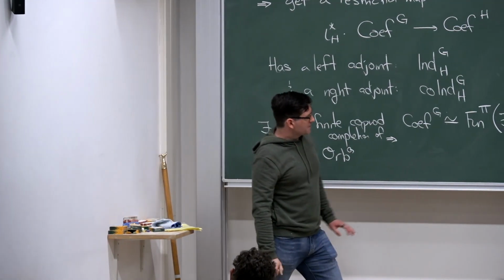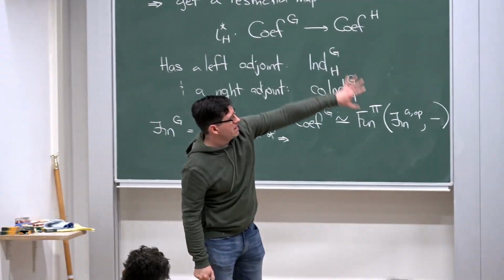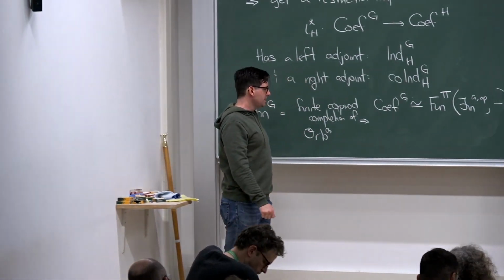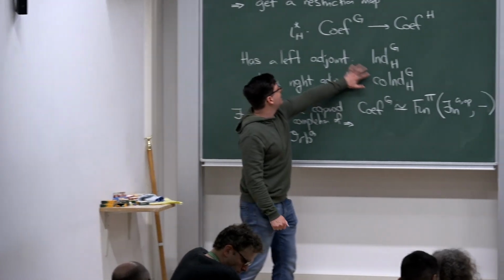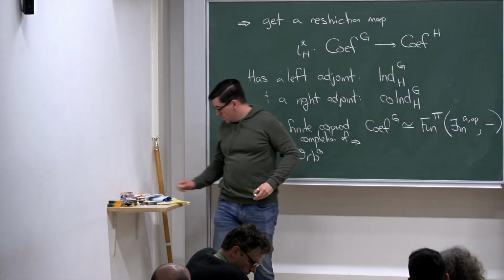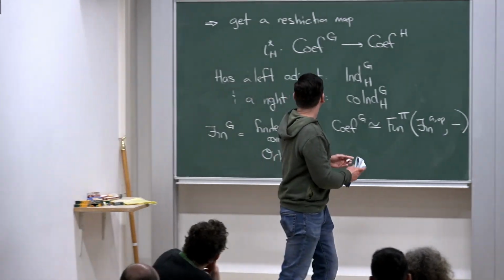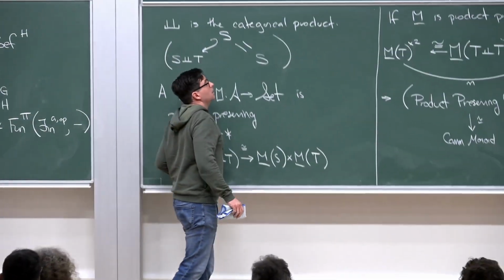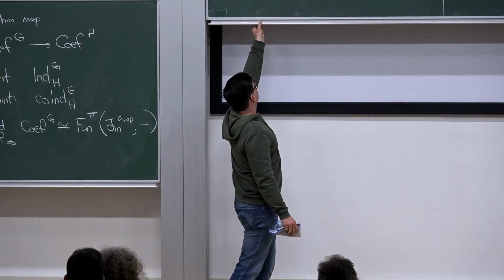So this description's kind of nice. First, it fits in the framework that I'm sort of moving towards here, but then second, it gives me really clean formulas for the restriction and for co-induction.